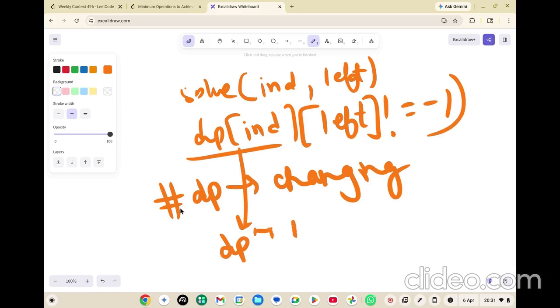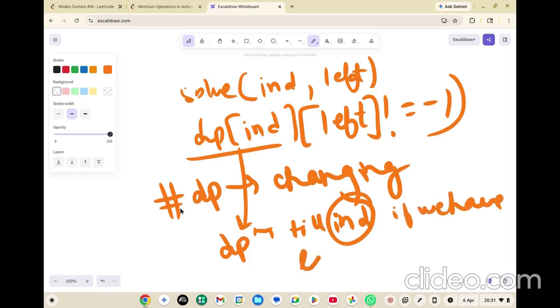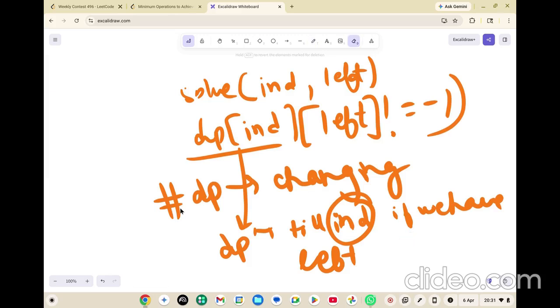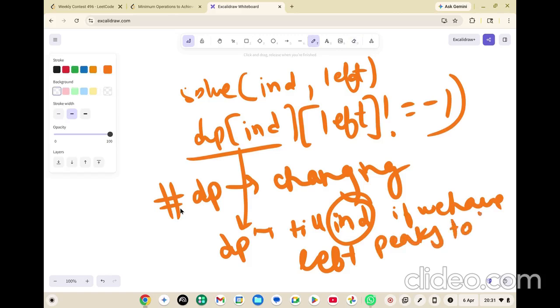If you want an explanation of what this line means, my dp of index comma left stores that till index I, if we have left amount of elements left, meaning left peaks to be done, then till this point we have used a cost of rupees, and that will be stored in our dp.